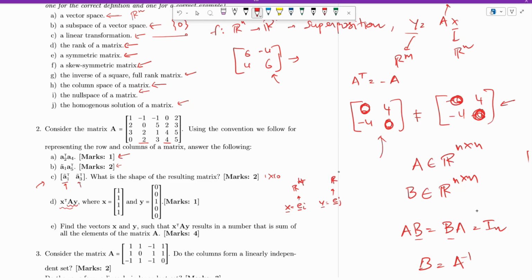This is from R5. Without doing the multiplication, can you figure out what will happen if I do E_i transpose A E_j? Maybe even more specific. I'm doing E2 transpose A E4. What will I get if I do this?